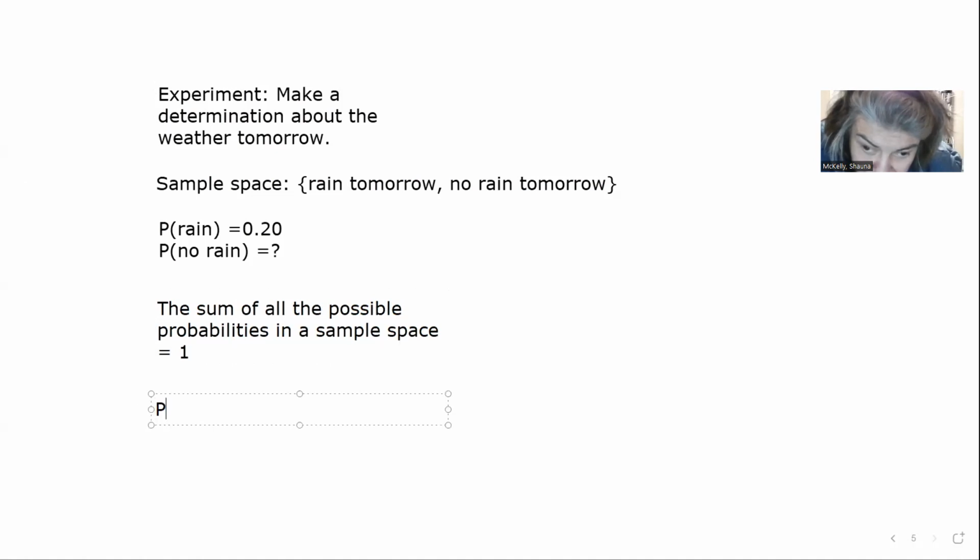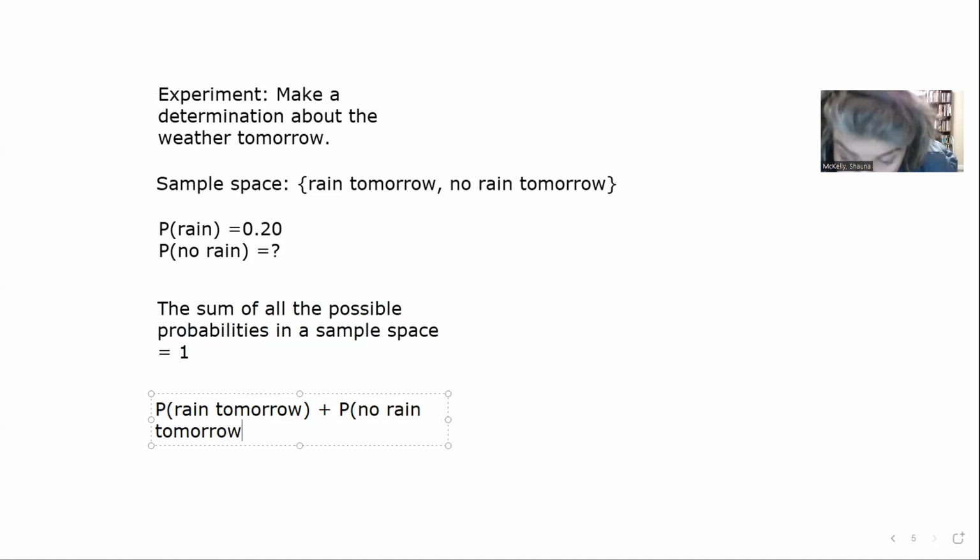The probability of rain tomorrow plus the probability of no rain tomorrow equals 1, because the likelihood of all the events in a sample space has to equal 1, okay?